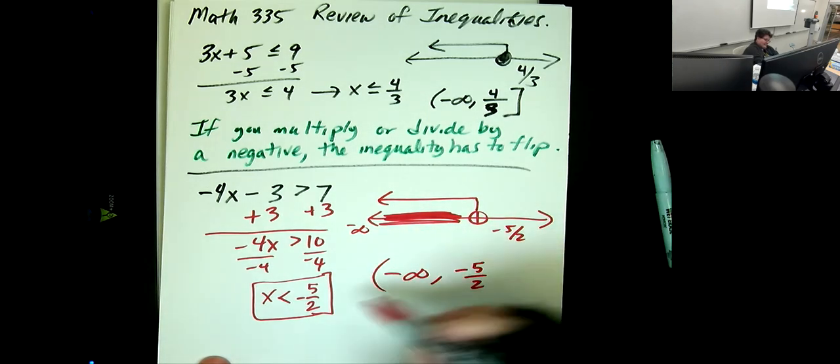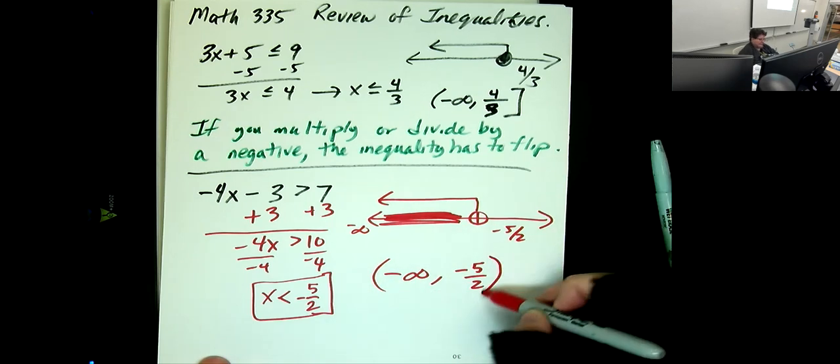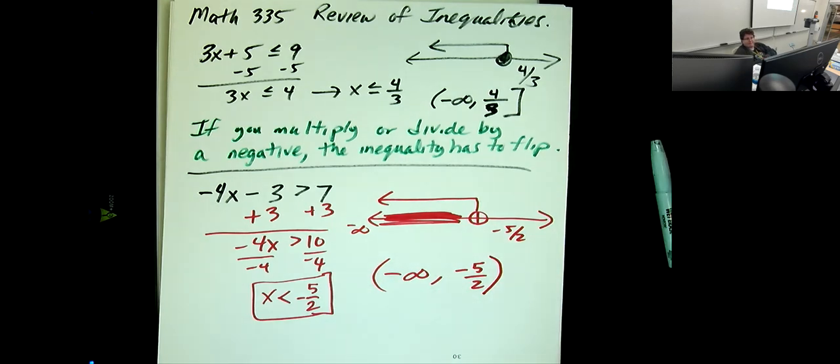If it's less than and not less than or equal to, it's also parentheses. All right, any questions?